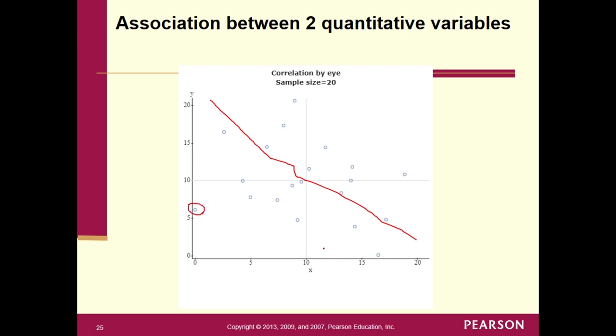Notice you got a dot way out here, and a dot way out here. This is getting awfully spread out. So we have a negative relationship, but it's not very strong, is it? So I expect this to show up as weak. And there you go, we have a correlation of negative 0.29.